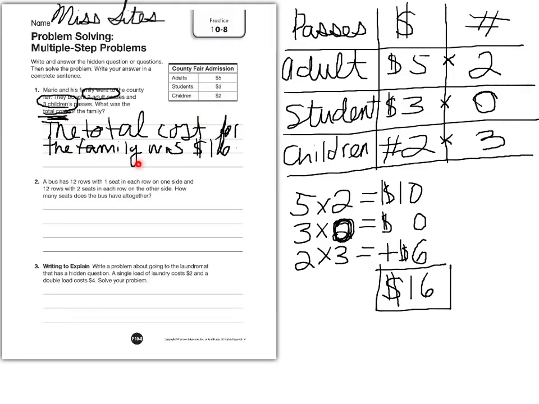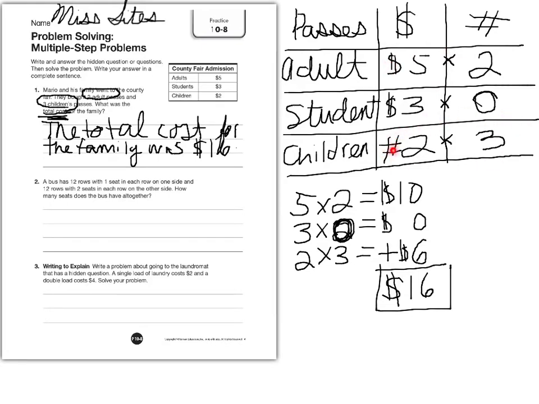And let's go back up to the directions. It says, write and answer the hidden question or questions. So what is the hidden question? It's the questions you had to answer to get to the final answer. So these right here are answers to the hidden questions. How much did they spend on the adult tickets? How much did they spend on the children's tickets?